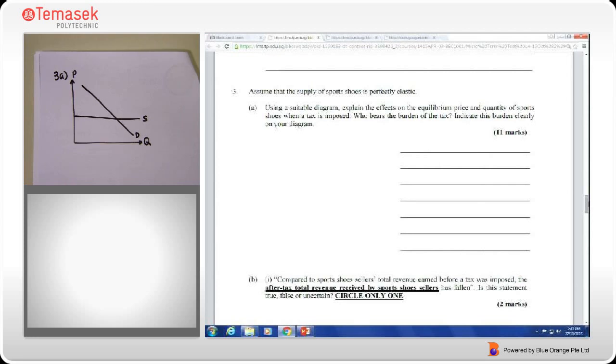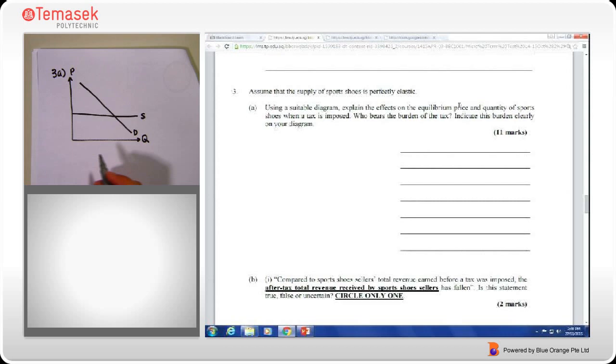The question says, explain the effects on the equilibrium price and quantity when a tax is imposed. Who bears the burden of the tax? Again, we see the words equilibrium price and quantity. It tells us that we have to draw a demand-supply diagram.